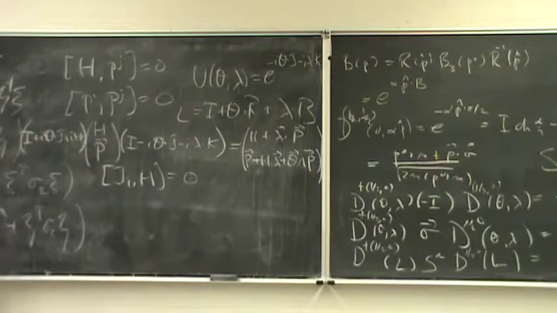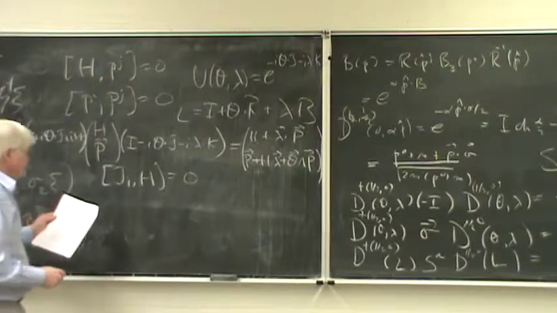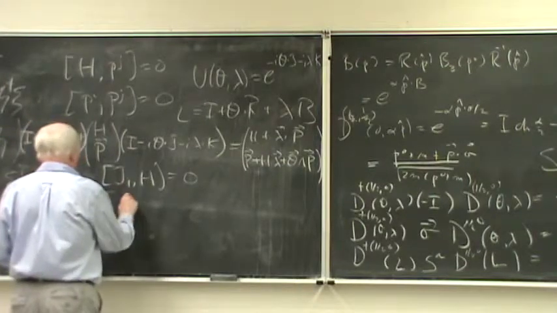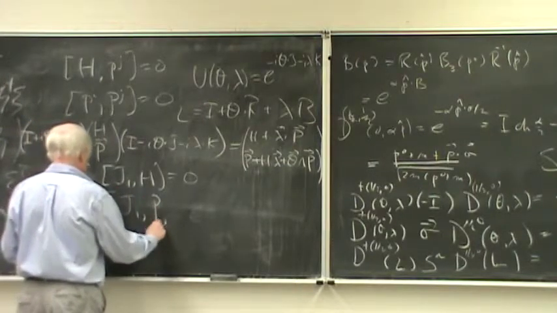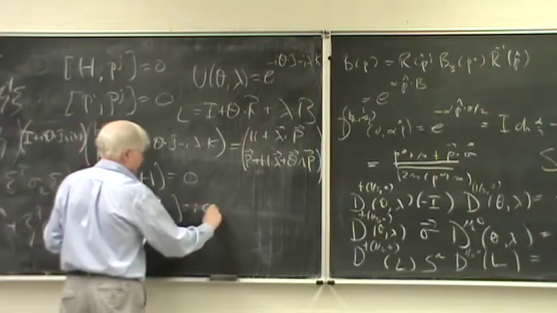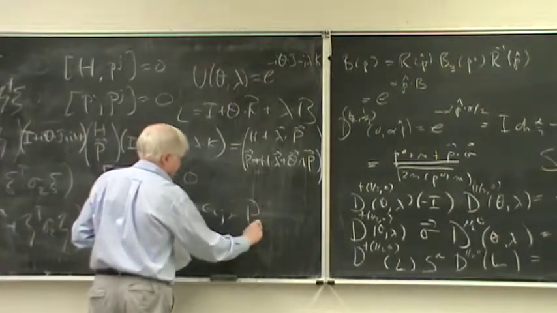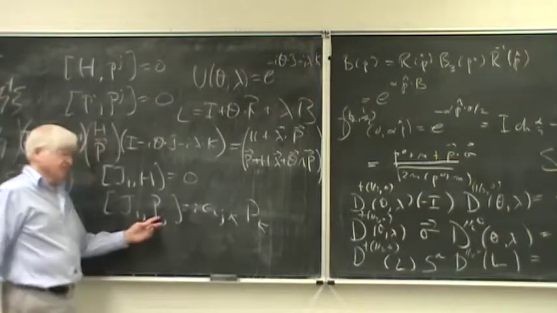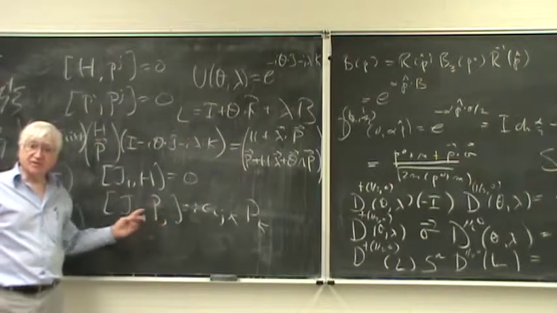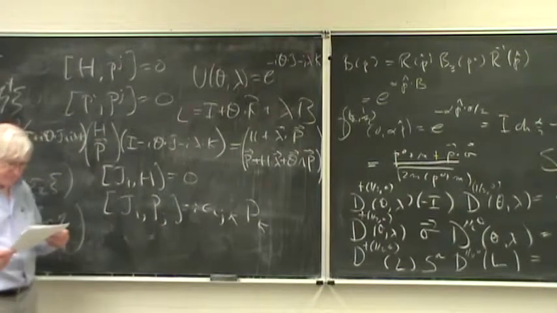So the time translation operator is invariant under rotations. You then find out that J_i, P_j is i epsilon_ijk P_k. That means that the momentum operator is a 3-vector under rotations.